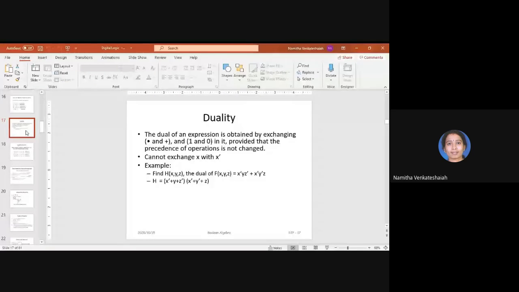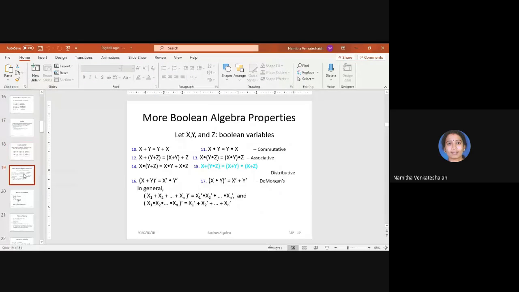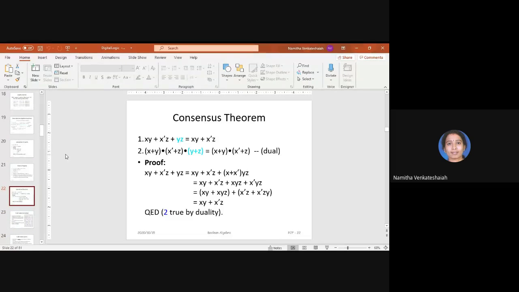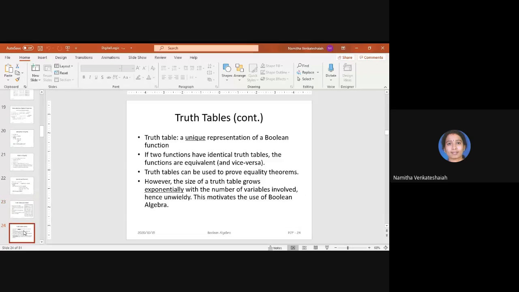And if you take the complement of a variable twice, it will be the variable itself. Like this, you have many laws. We need not worry about the laws; as and when required, I will tell you. But now we are supposed to remember something.